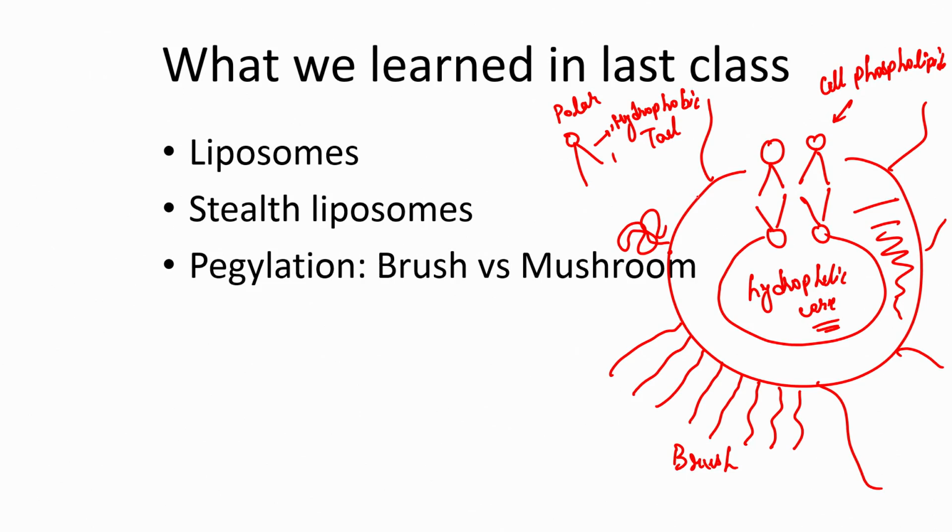Or what can happen is you can have them slightly far apart. So you can have a big PEG molecule, but then the density of the PEG is so low that it tends to collapse and forms a structure like mushrooms. You will find in the literature mushrooms like this in nature.